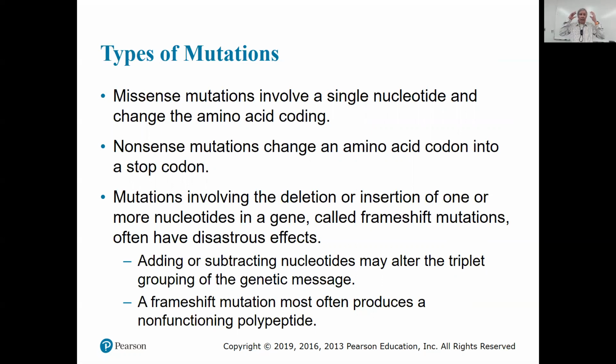Serine is coded for by 6 different codons. So it's usually the 3rd letter that can be changed, and it doesn't change the amino acid. So you could have a substitution in one codon and not change the amino acid that is put into the protein.